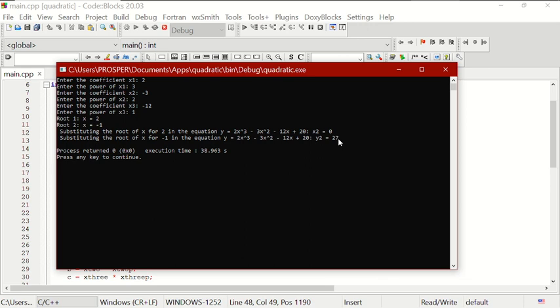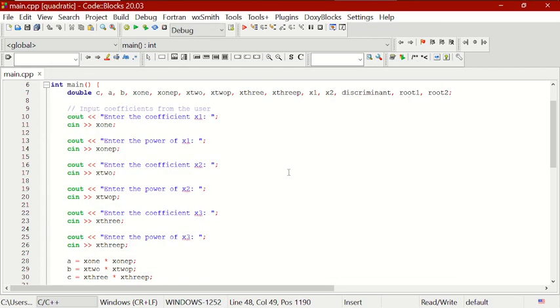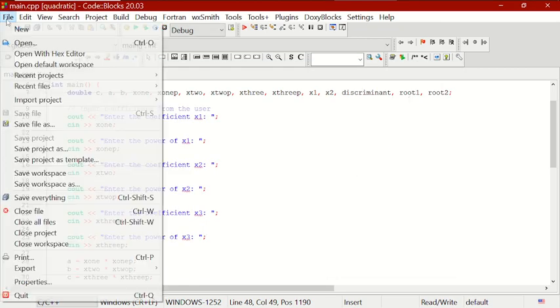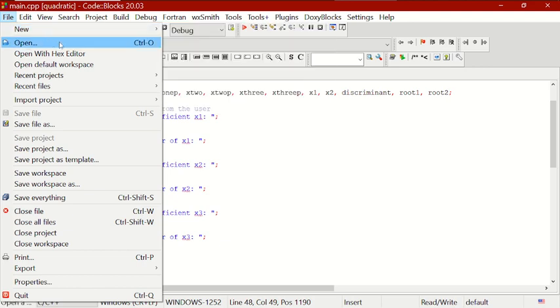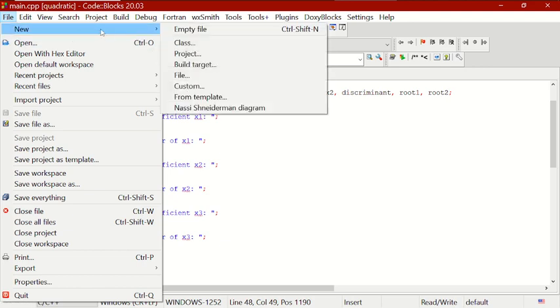So we've built a calculator to calculate the points. Instead of writing it out by hand, since it might take a lot of time, I'm going to show you how you can actually do this in Code::Blocks. We can just create a new project.